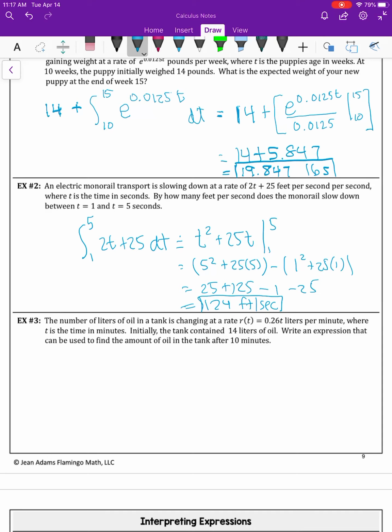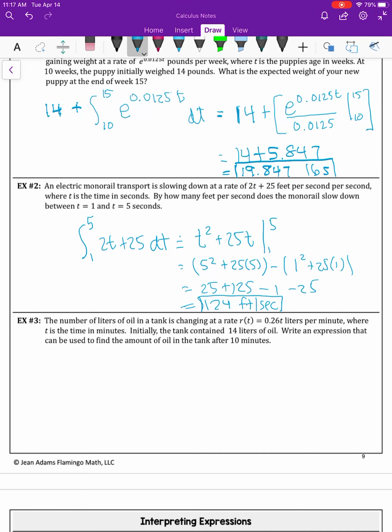Example number 3. The number of liters of oil in a tank is changing at a rate R of t equals 0.26 t liters per minute, where t is the time in minutes. Initially, the tank contained 14 liters of oil. Write an expression that can be used to find the amount of oil in the tank after 10 minutes.